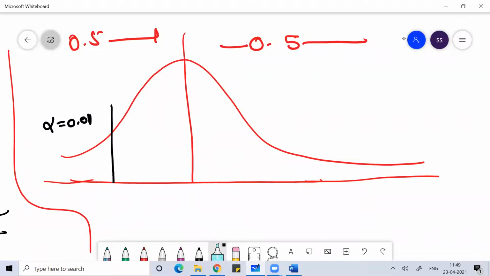This region is your rejection region. If your data lies in this region, you'll reject. The area corresponding to that is 0.01.